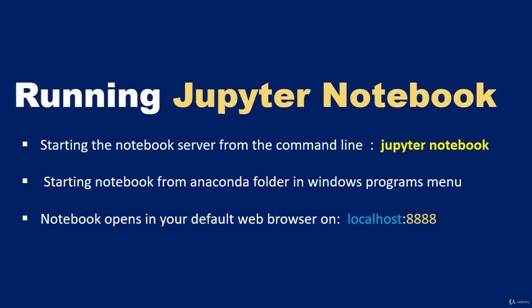And I also showed you how to start it from the Anaconda folder within the All Programs menu of your Windows-based computer. When you start it from the Anaconda folder, there is a Jupyter Notebook icon that you can run, and by default it serves the Jupyter Notebook from the root directory of your profile.